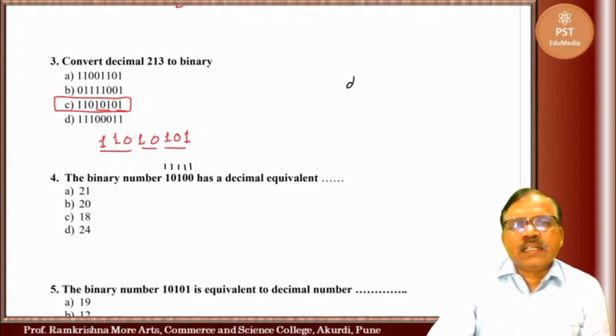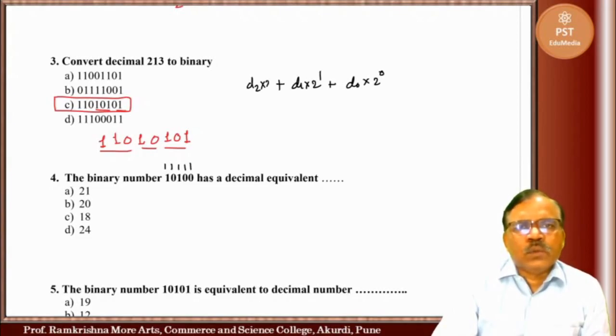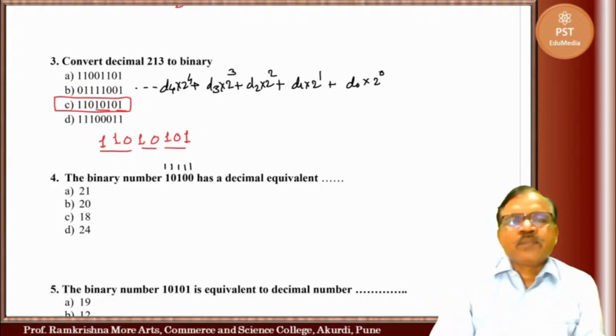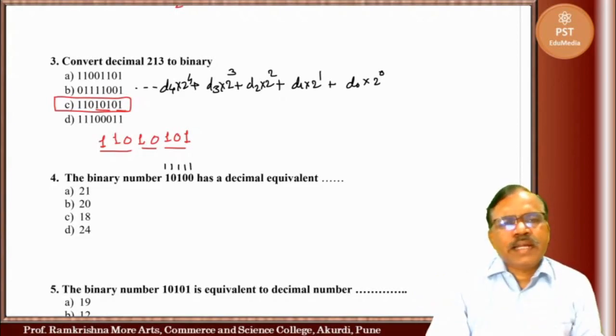So we take D0 into 2 raised to 0 plus D1 into 2 raised to 1 plus D2 into 2 raised to 2 plus D3 into 2 raised to 3 plus D4 into 2 raised to 4 and so on. We calculate that and then we find the number.